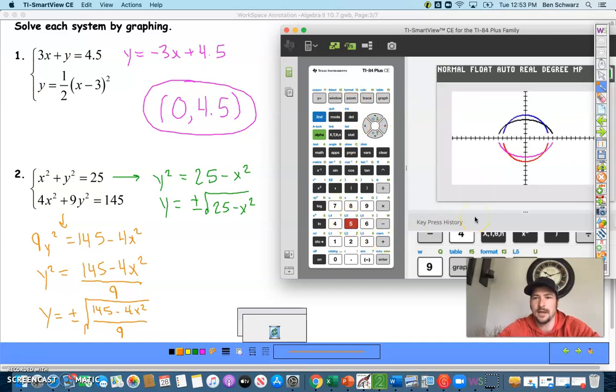And so now you can kind of see how it's a circle and ellipse. Looks like we have 4 intersections here. You can count them if you want. That looks like 4: negative 4, 3, and negative 4, negative 3, and then 4, 3 here, 4, negative 3 here.